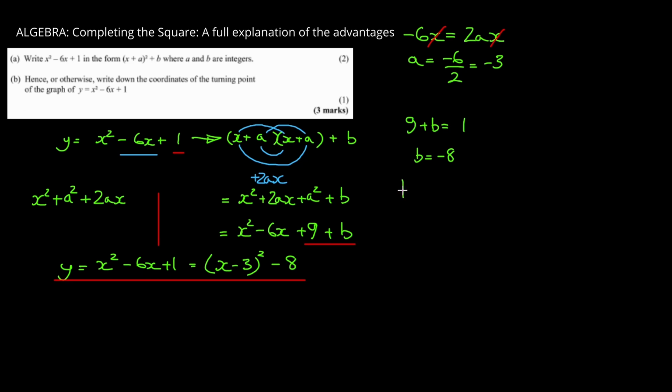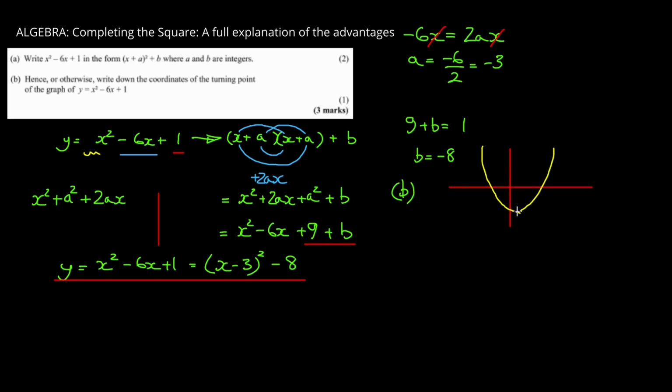So with that information, let's see if we can answer part B. They're asking us, hence or otherwise, always do hence, don't do otherwise, write down the coordinates of the turning point of the graph. So just to let you visualize what's going on, I don't know where this quadratic crosses the x-axis, but the one thing I'm certain about is that given that the coefficient of the x squared term way back here is a positive 1, it's a U-shape.